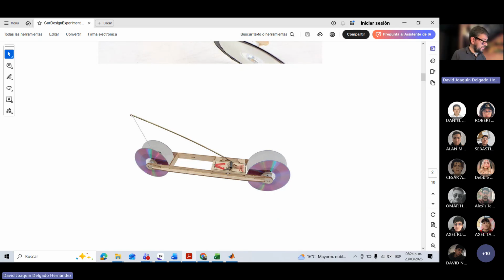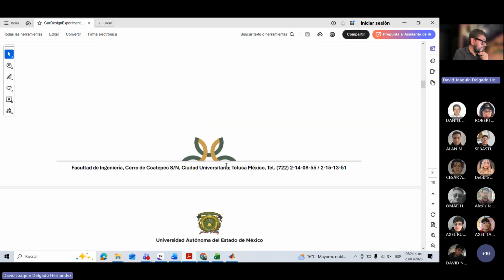That is the challenge. Somehow you have to use the force in the spring of the mouse trap in order for the wheels to start working. Here is another example.